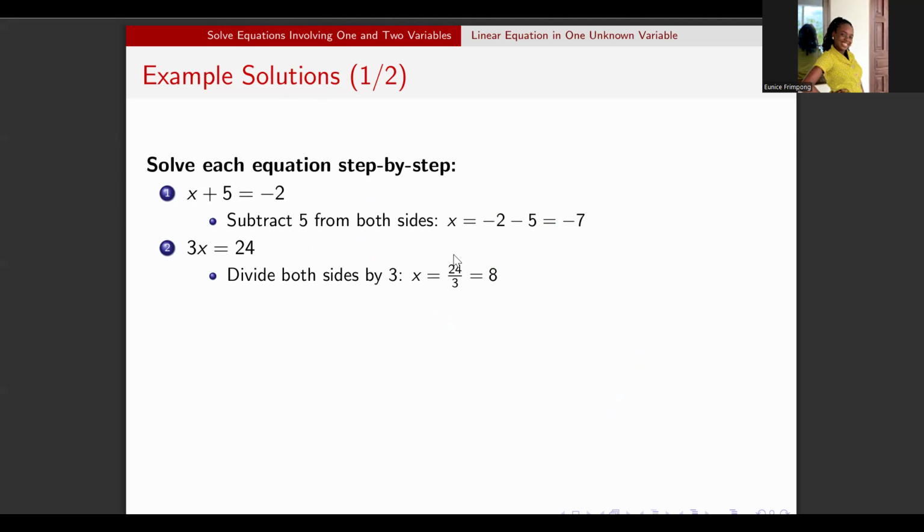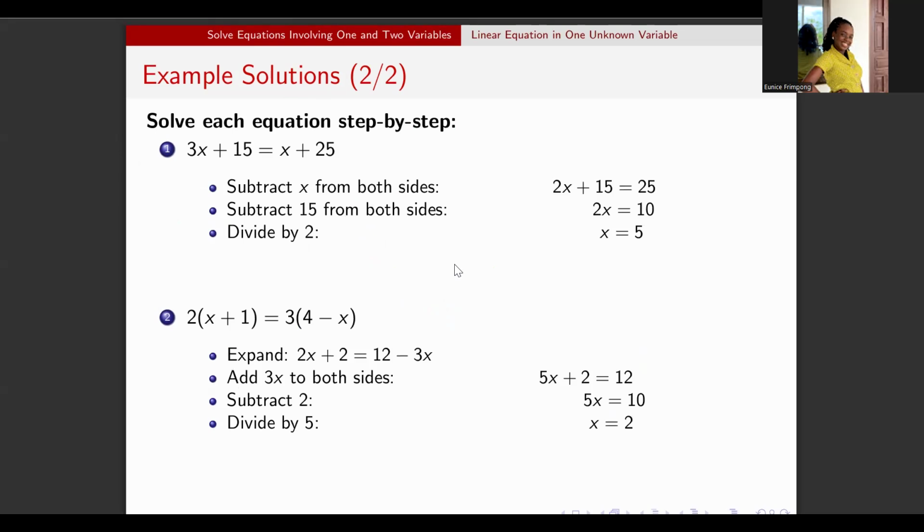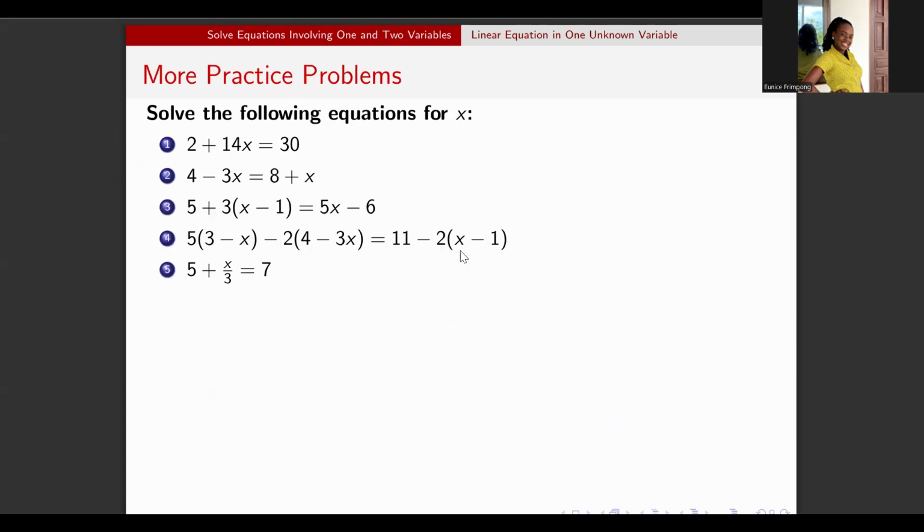So just look at them carefully and then give them a try. Okay. This is again demonstrating what we have done in the previous pages. So you can take your time and look at them. Now here are some examples for you to give it a try. So take your time, pick your exercise book and your pen, and then try these 5 equations. Solve for x. That is, make x stand alone.